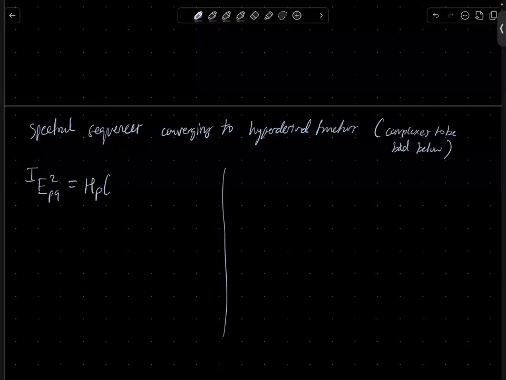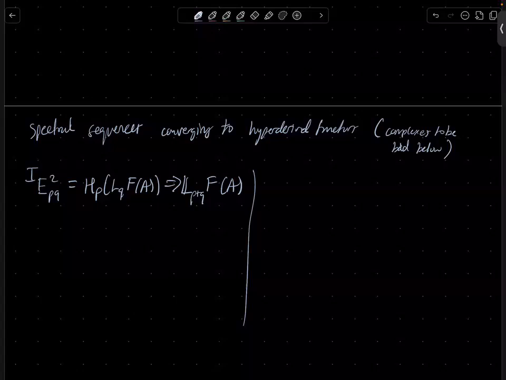This is H_P L_Q F on A, and that'll converge to L_{P+Q} F on A. And similarly, the second homological spectral sequence converging to the same thing is this. It's L_P F on H_Q of A.